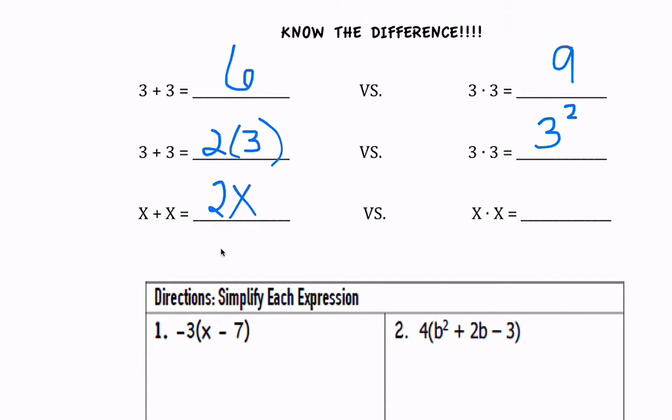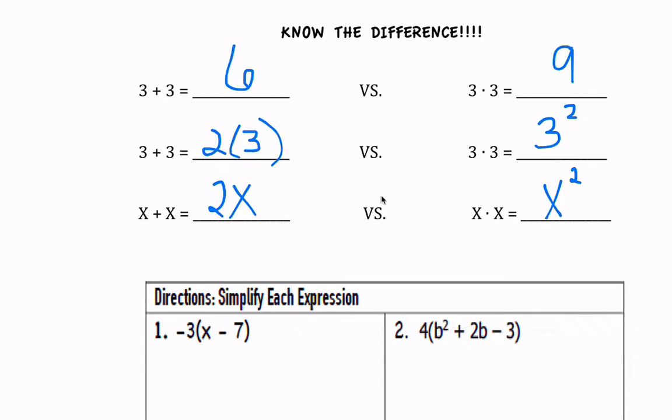If you have one x and you add another x, now you have 2 total x's. If I have x times x, that's the same thing as writing x squared, because I have 2 x's being multiplied together. Big difference. x plus x is 2 x's. x times x is x squared.